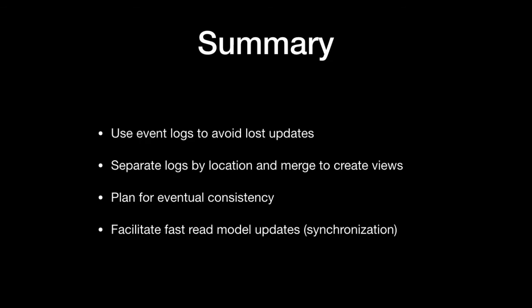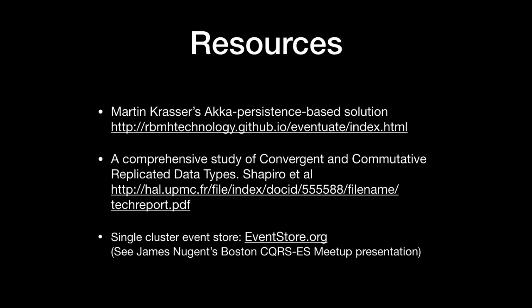And if you want to find out some more on this approach, Martin Krasser's Akka Persistence-based solution is a library that supports this approach with a distributed event log. I believe it is open source. And there's a study of convergent and commutative replicated data types that talks a lot about eventual consistency and different guarantees that can be made in light of replicated data.